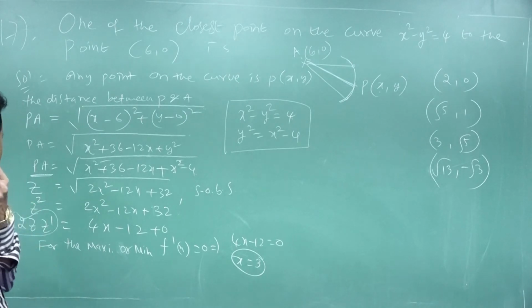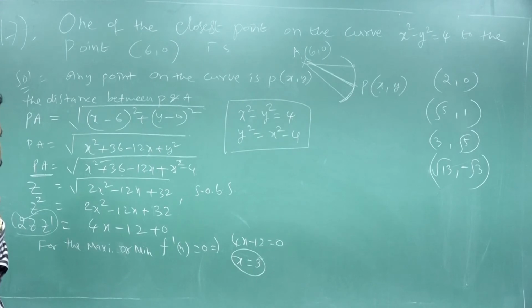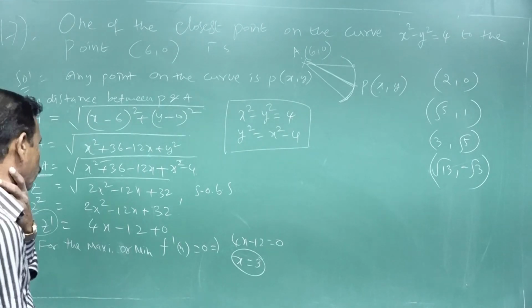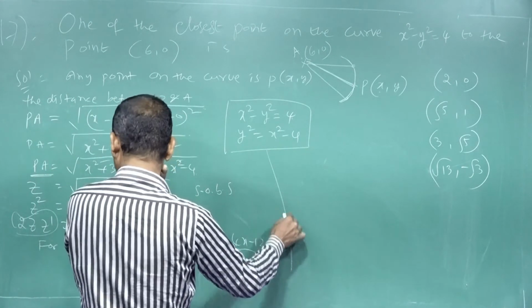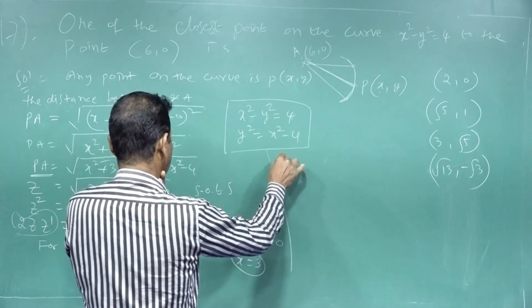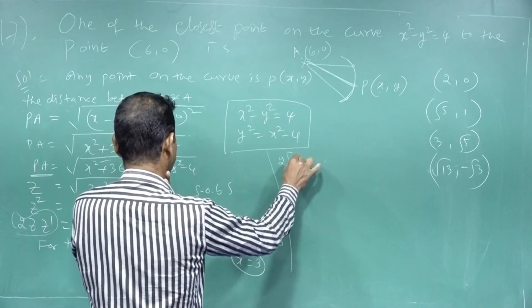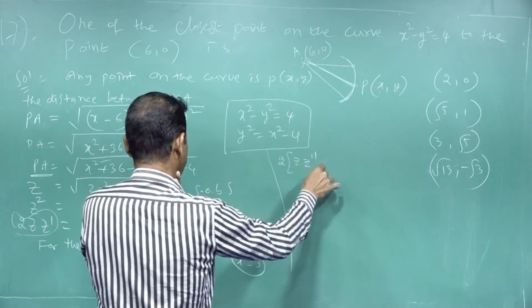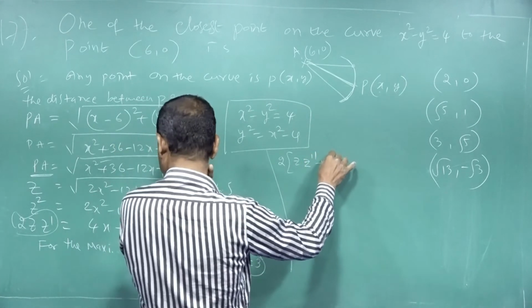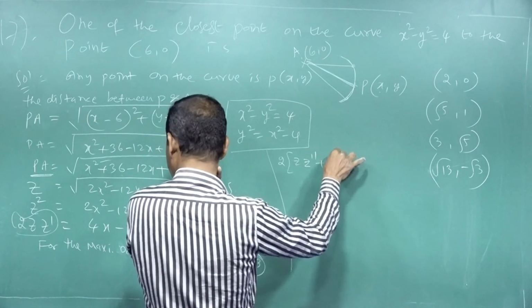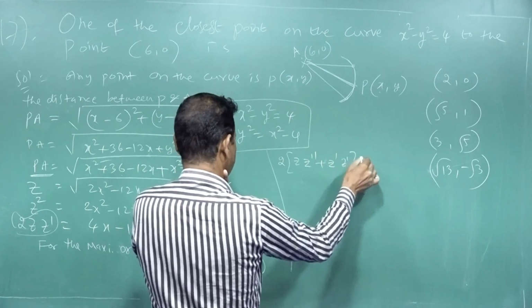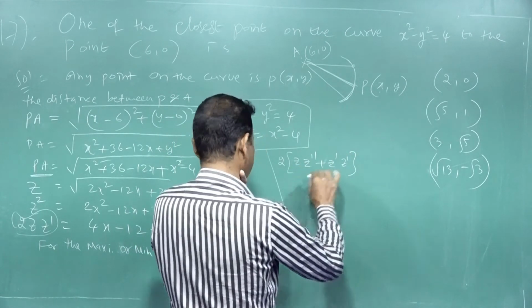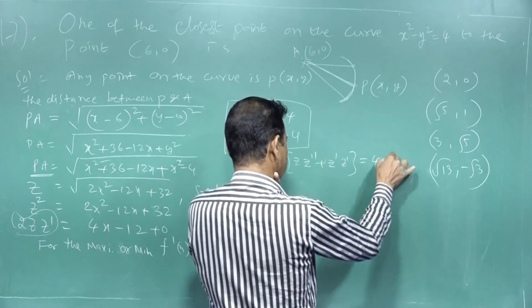Then is it a maximum or minimum at x is equal to 3? We check the second derivative also. The second derivative of 2z z dash is 2z into z double dash plus 2 z dash times z dash. So don't think about this derivative; what is coming is 4, so it is positive.